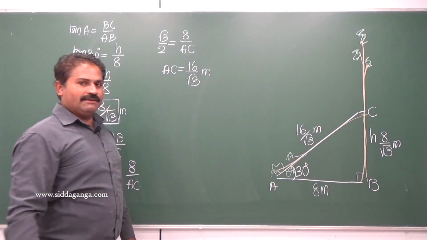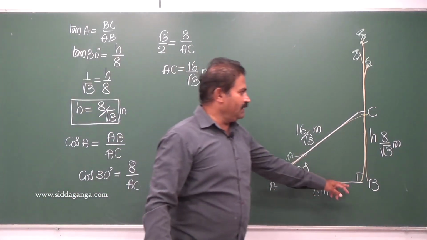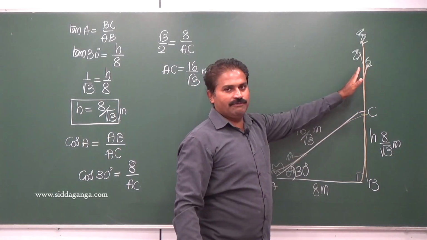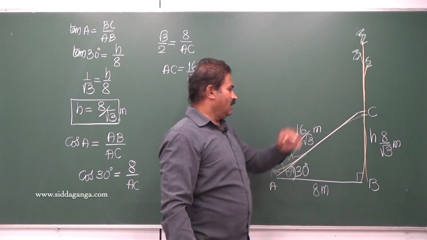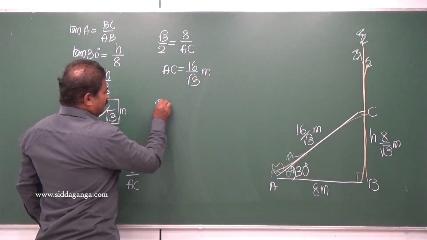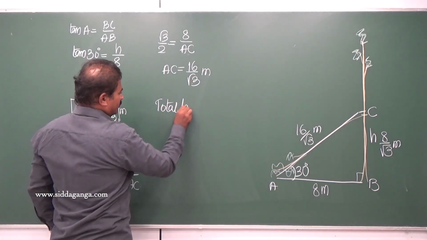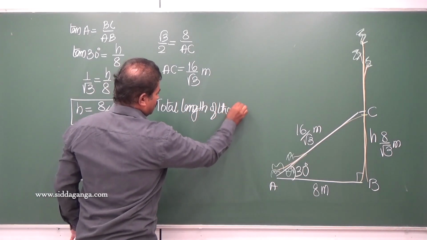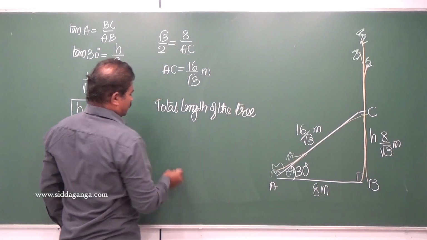Now the total height of the tree is nothing but BC plus this AC, and this AC was here before it was broken down. Now the total length of the tree. So what is that?